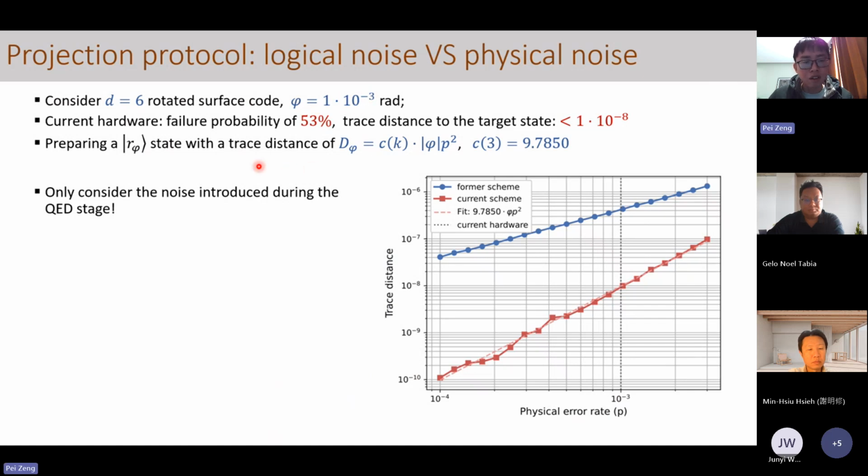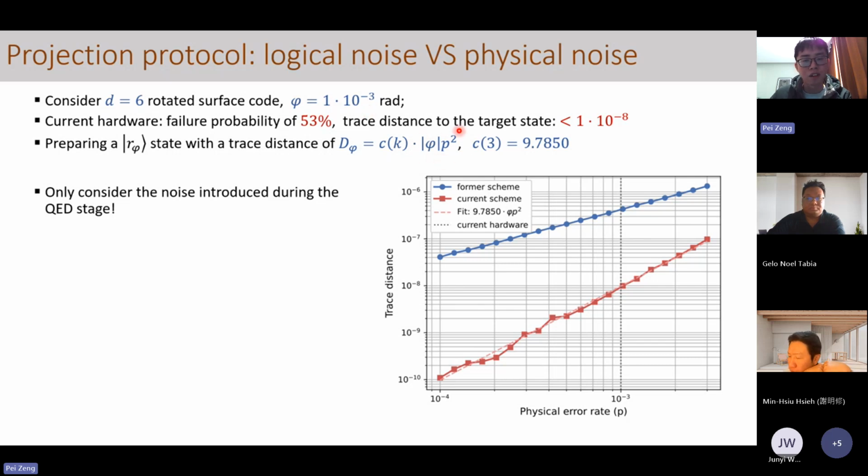So the error of the rotation state in this case is proportional to 5p squared. Here I take p equal to 10 to the -3, which is the physical error. P is the real hardware error, and phi is a small angle. I take it to be 10 to the -3.